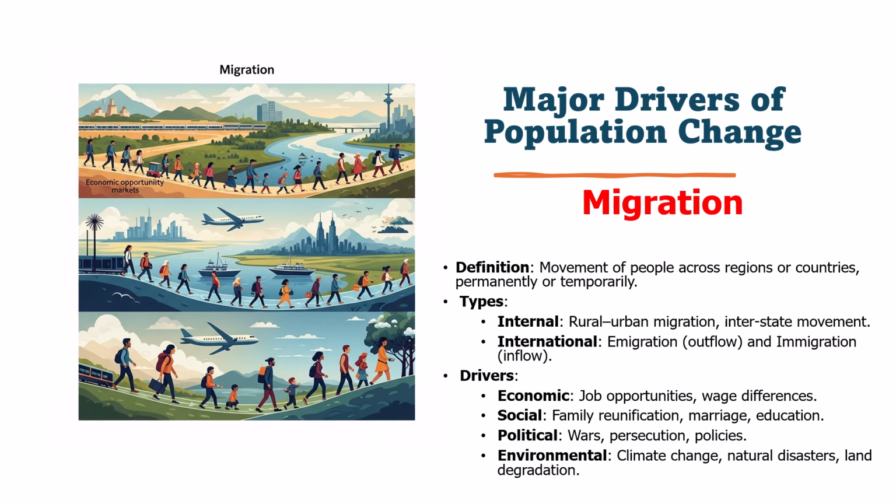Political instability, wars, and persecution often force people to migrate, while environmental challenges such as climate change, natural disasters, and land degradation also play a key role. Migration reshapes demographic composition, influences labor markets, and transforms cultural and social landscapes.